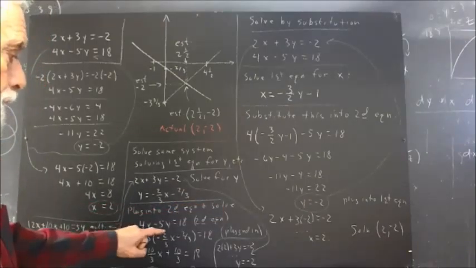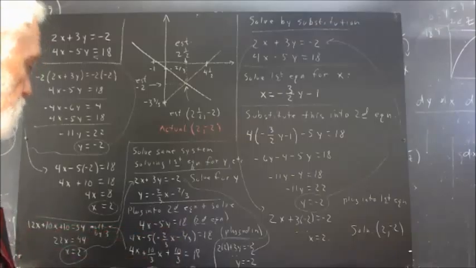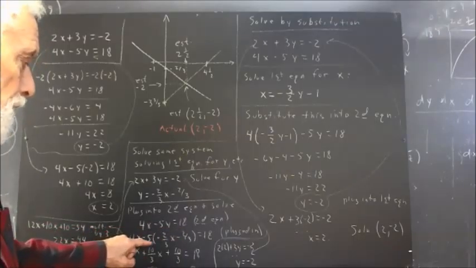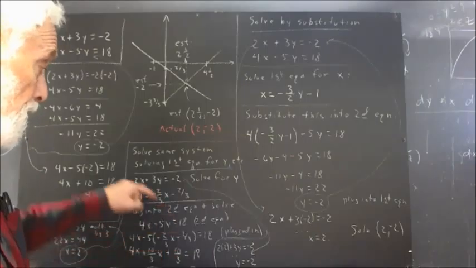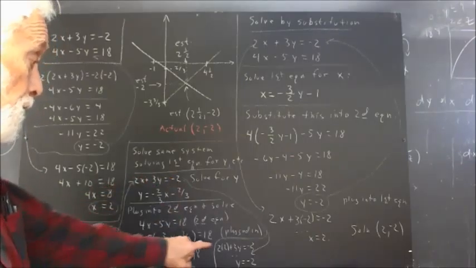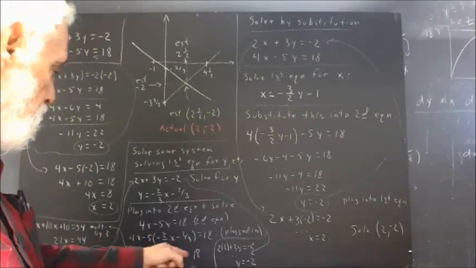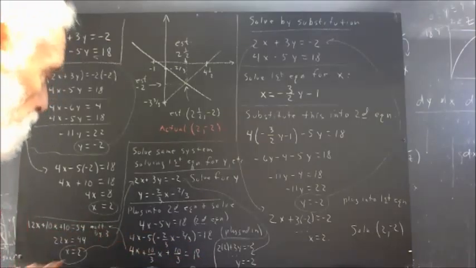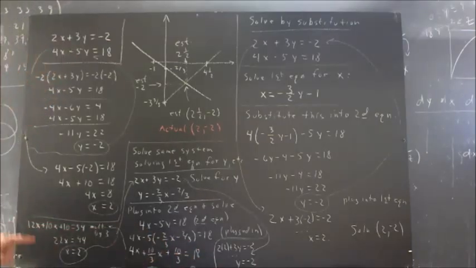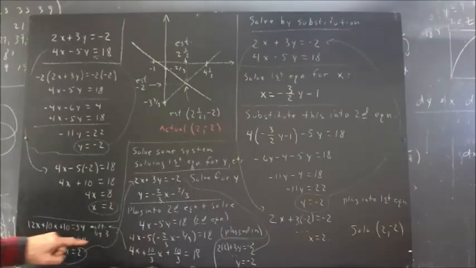Second equation is 4x minus 5y equals 18. So we do 4x minus 5 times y, but y is now negative 2/3 x minus 2/3, equals 18. We can distribute. Then we can multiply both sides by 3 to clear the denominators. We get an equation here, and that reduces down to 22x equals 44, so that x equals 2.